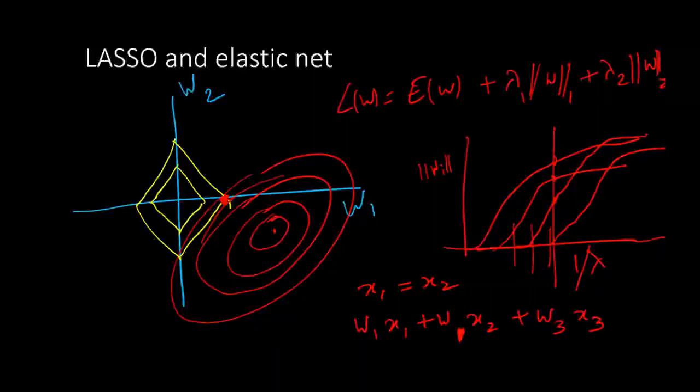Because they're exactly the same or highly correlated, I would want their weights to be the same. I wouldn't want one weight to be very high and the other very low, because then there is an ambiguity. The same effect we can get by having (w1 plus alpha) times x1 plus (w1 minus alpha) times x2 plus w3 x3.